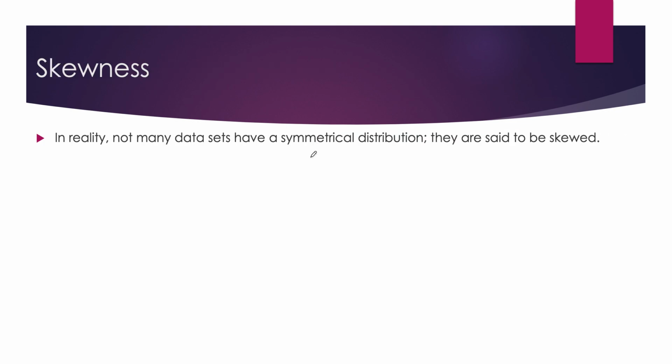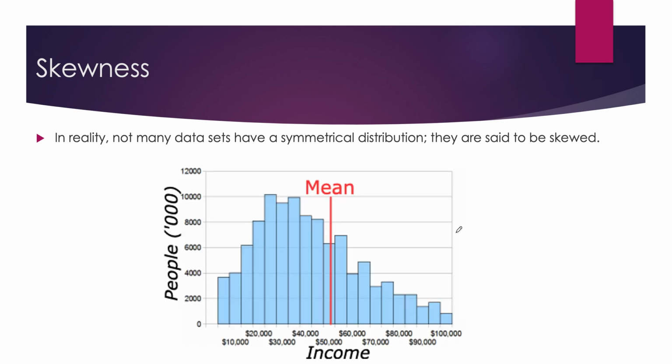Now, in reality, not many data sets have a symmetrical distribution. They are called skewed. So let's look at this example here. Here I have the number of people in thousands, and horizontally I have the income. We can see that the data looks like this.